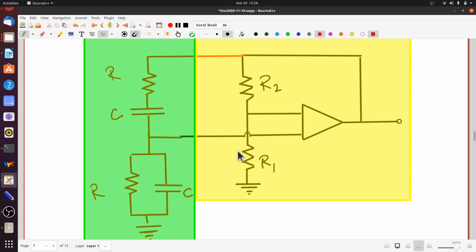What the original designer did was spend almost his entire PhD time measuring the temperature dependence of resistance of various incandescent bulbs, trying to figure out which one of the bulbs will be best suited for a circuit like this.